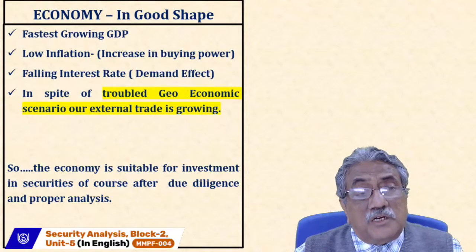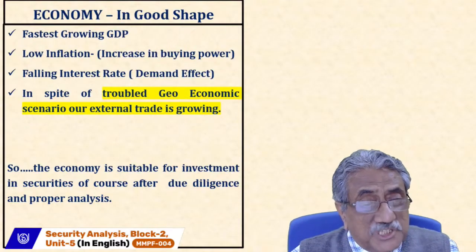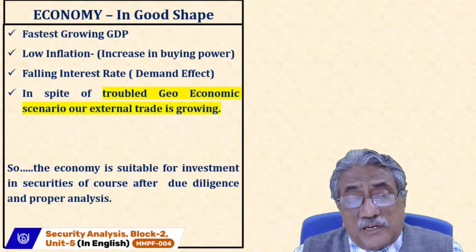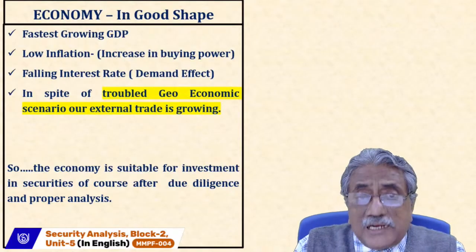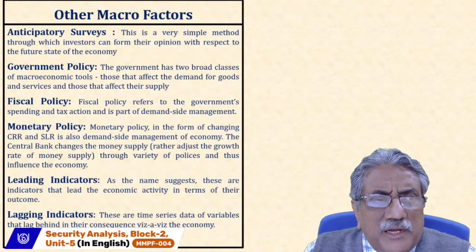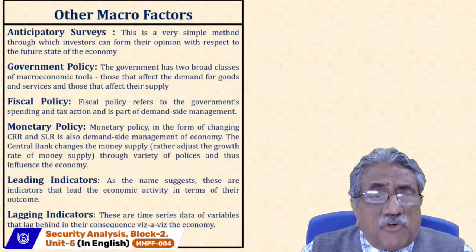Today we have covered it fully, more or less, and we have seen that there are three, four, five, six things which are very important, and if they are positive indicators, that means the economy is on sound footing. Besides this, there are other macro factors. I'll just quickly read them out. Anticipatory survey: this is a very simple method through which an investor can form their opinion.